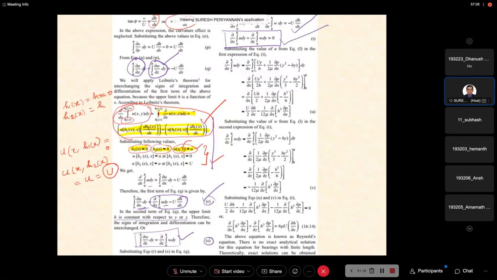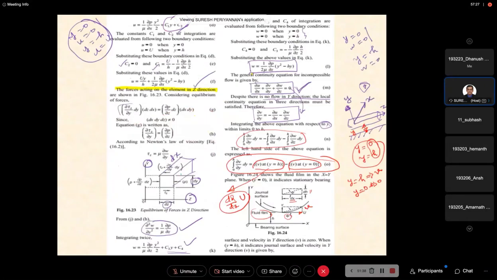Now we have already derived u and w. Simply, first I'm taking this term and substituting what we have found. The velocity u value we derived here, right? Substitute it in this equation.